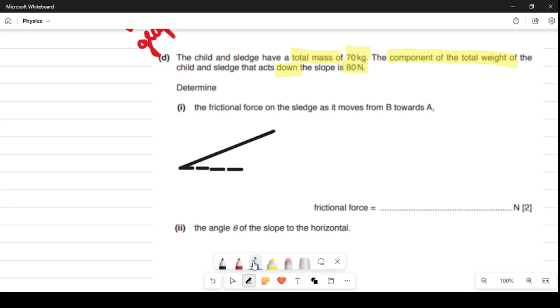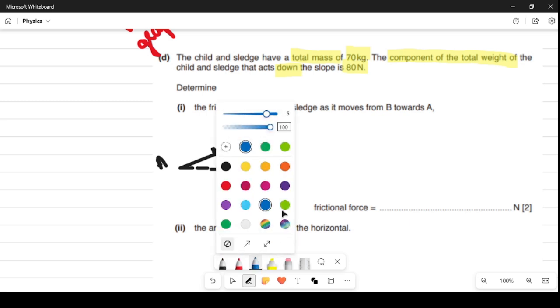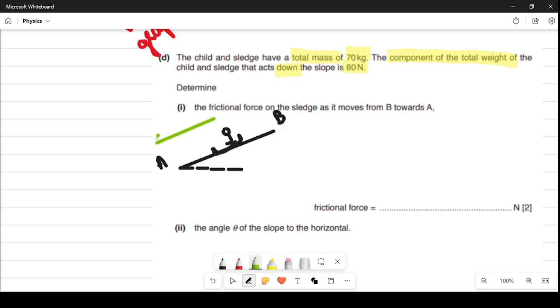So you have your child on a sledge and he is moving downwards. B towards A, this is B, this is A. This is the scenario where he has already applied the brakes and now he's eventually going to stop. So your direction of motion is basically this. This is your direction of motion, downwards.